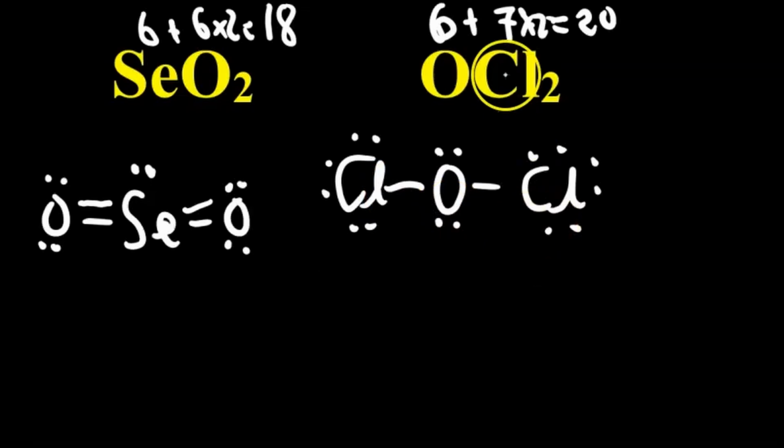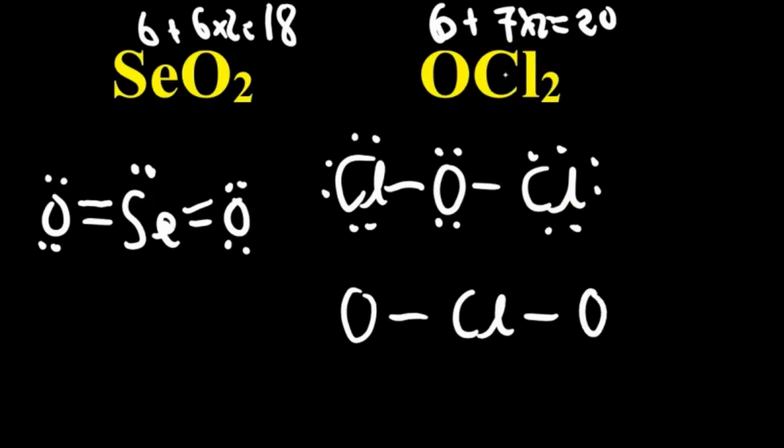You may want to put oxygen not in the center because it's less electronegative, and do something like this here. And let's see what would happen if we did that. So we have 20 electrons to add. 4, 5, 6, 7, 8, 9, 10, 11, 12, 13, 14, 15, 16, 17, 18, 19, 20.